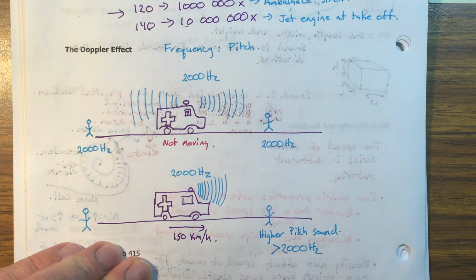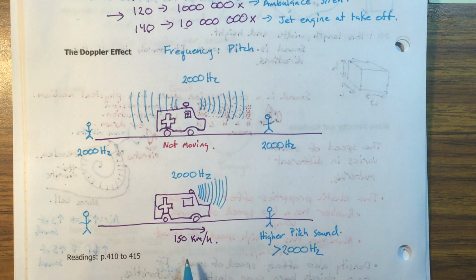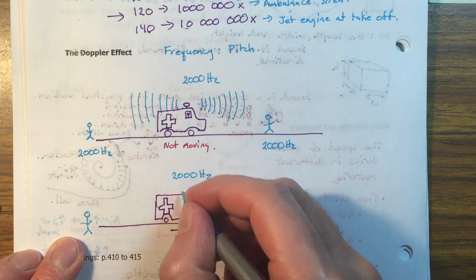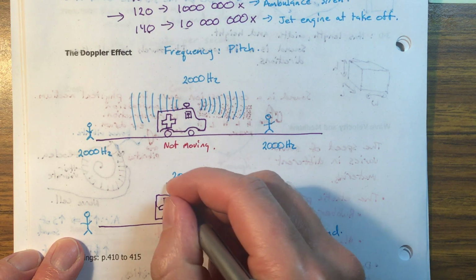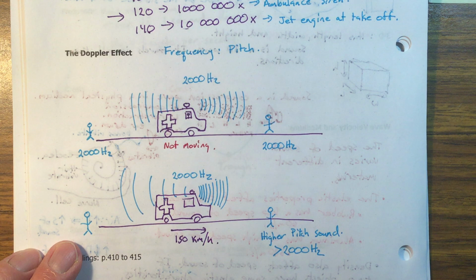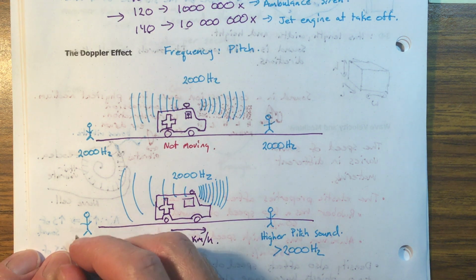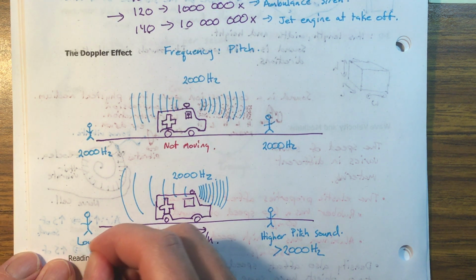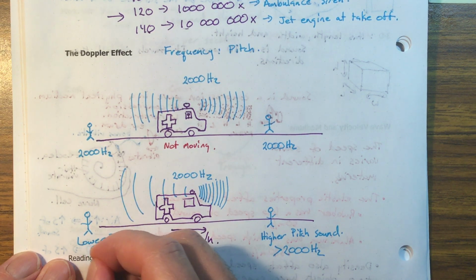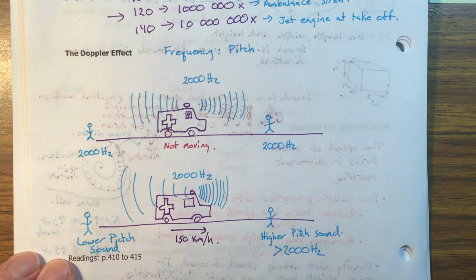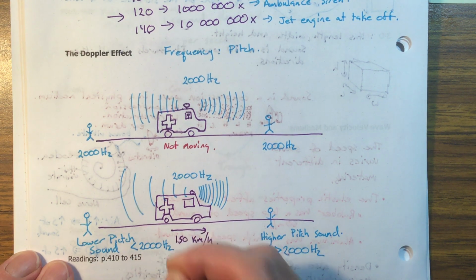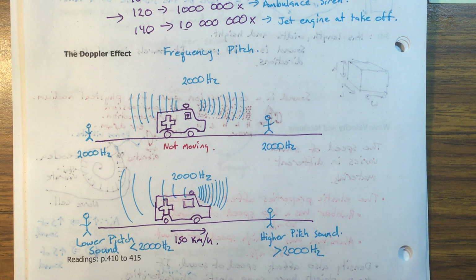There's a formula to figure out what it would be according to the speed. And this guy over here, because the ambulance is moving away from him, the sound waves are going to be more spread out, and he's going to hear a lower pitch sound. It's going to be less than 2,000 hertz. Again, there's a formula to figure this out. You don't need to know the formula for this class.